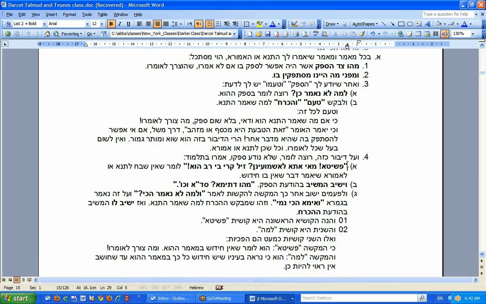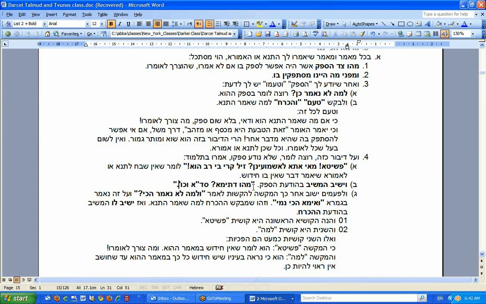Which means that it's not proper to say that a Tana or a Mara would say anything that is not new information, something that you would not have thought of because you would have had an alternative to. The Yashiv, the person who's responding to this kasha, has to tell you what alternative position you would have taken.